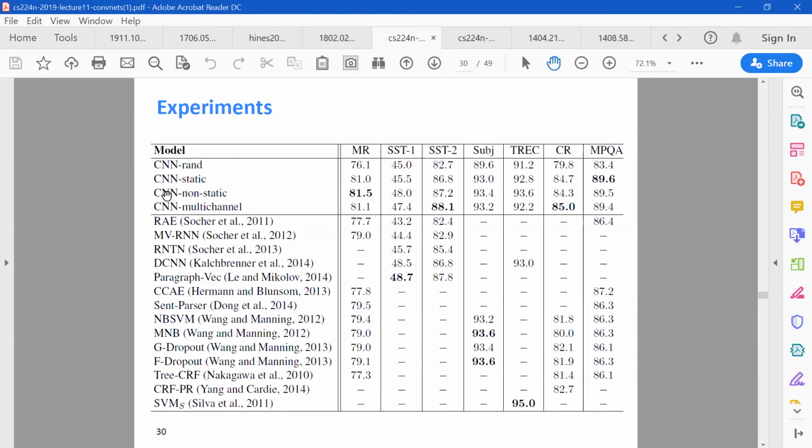Here's where you start with the pre-trained word vectors and let the network improve them. And here's where you use 2 channels, as Yuri said. You use the original pre-trained word vectors plus the trained, fine-tuned word vectors, and you combine them in some way.